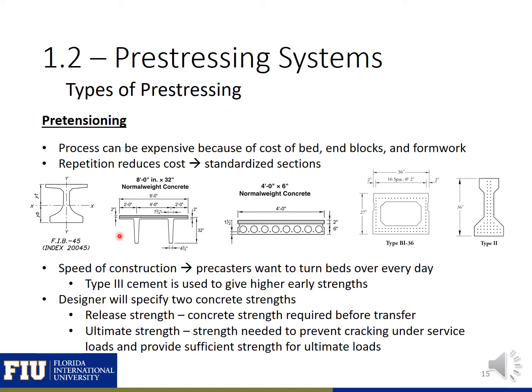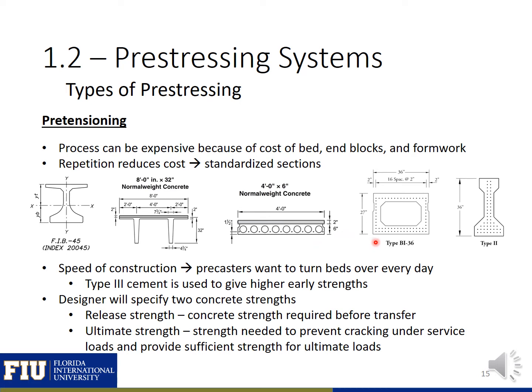So shown here is a double T section, common for pre-stressed concrete buildings. And also here's a hollow core, which is another common pre-stressed section for buildings. Two other sections that are more national sections.